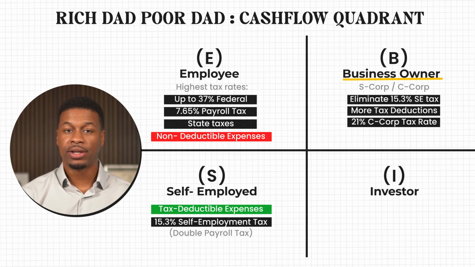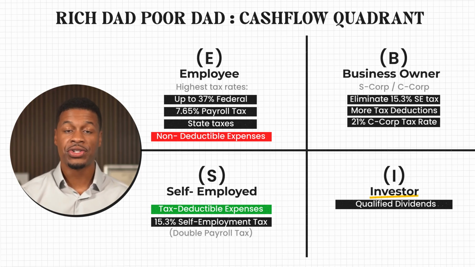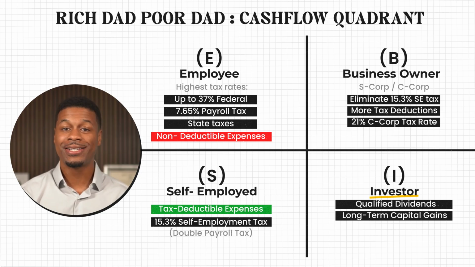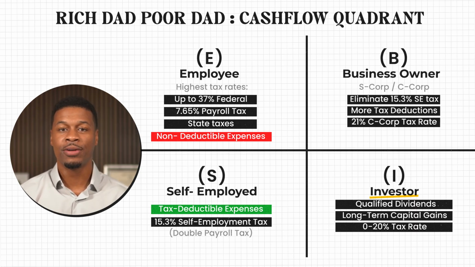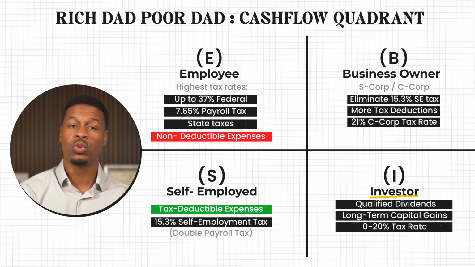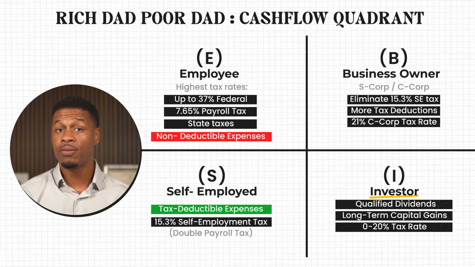But from a tax perspective, the single best type of income to earn is typically investment income, like qualified dividends or long-term capital gains. These income sources can be taxed as low as 0%. I repeat, 0% depending on your income, and those rates can go up to 20% as well, which is still much lower than ordinary income tax rates.